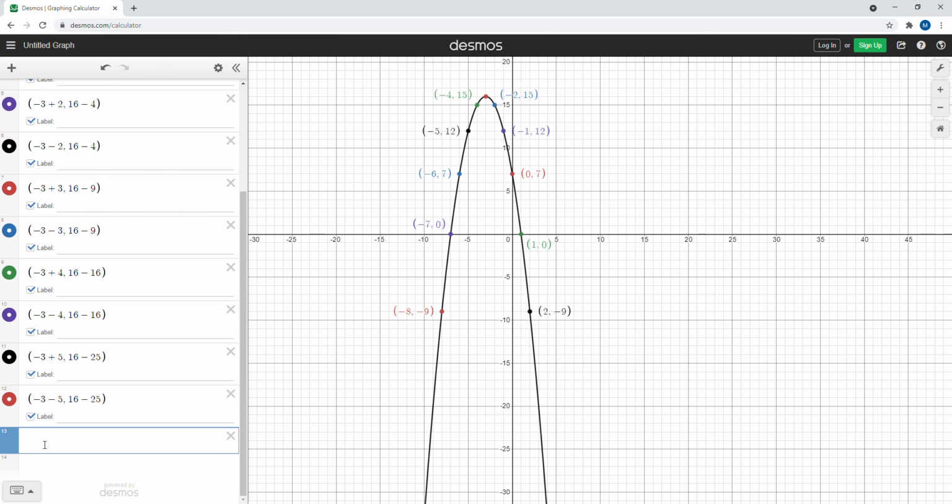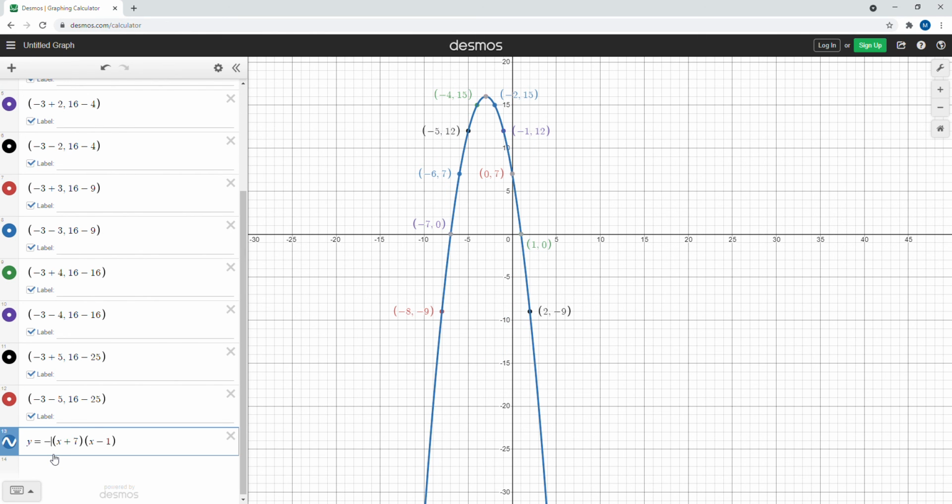We could write it as y equals parentheses x plus 7, and then parentheses x minus 1. And then remember to put a minus sign in front.